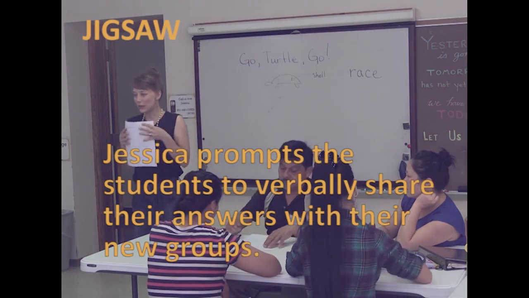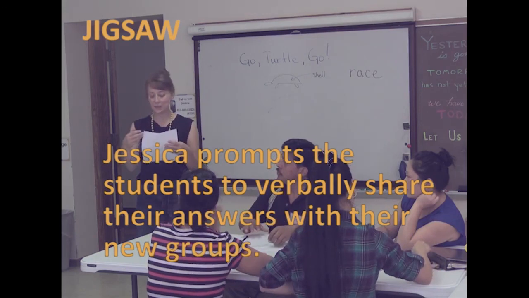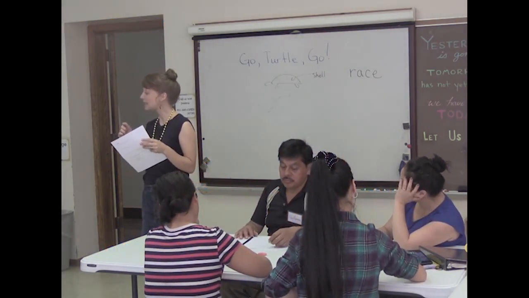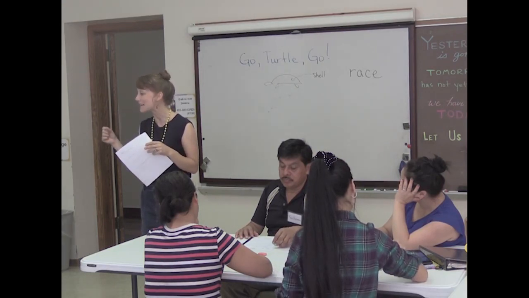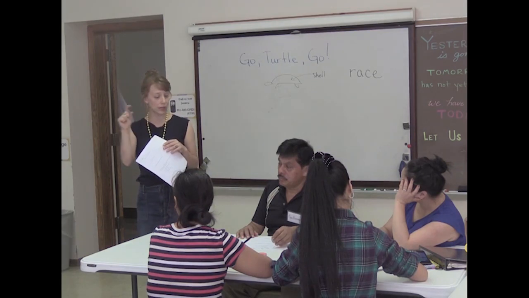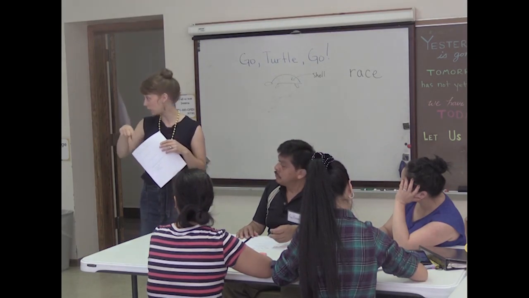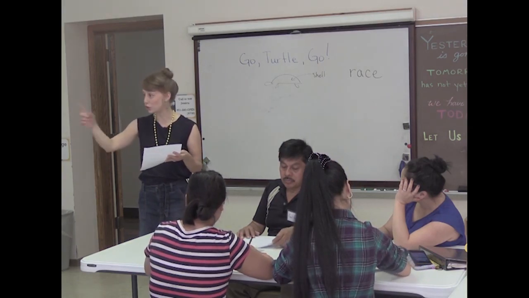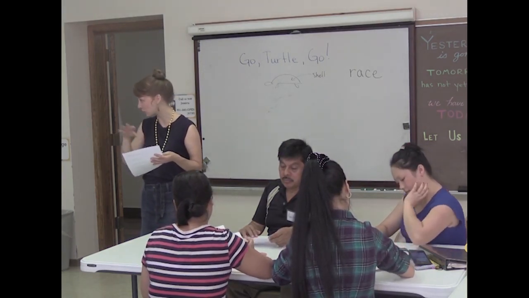Okay? You need to hold your paper and explain the answers to the questions. So you need to tell them the question and explain why. So bring your piece of the story so you can show them where you found the answer in the text. Okay? And then section 2 people, you will explain your answers to the group.